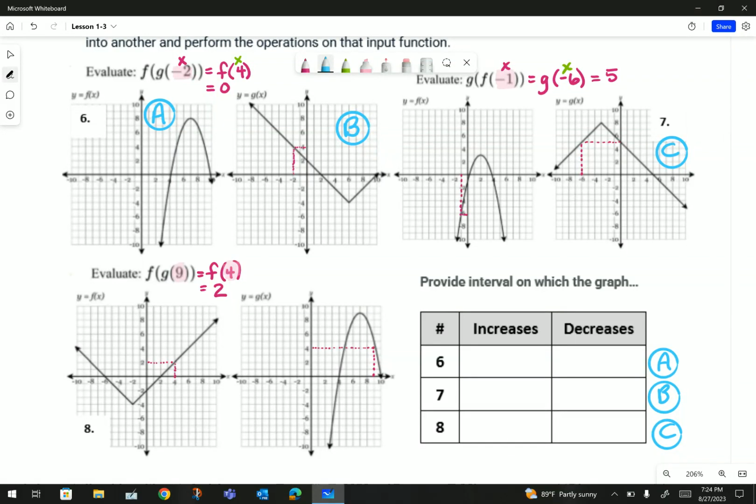intervals of increase, decrease. Okay, when you are doing intervals of increase, decrease, I want you guys to visually, or you can use your pencil, your finger, trace the graph from the furthest left point to the right. So in this case, in graph A, I'm starting around this area over here. That's my furthest left end. And notice that I am going to trace it.